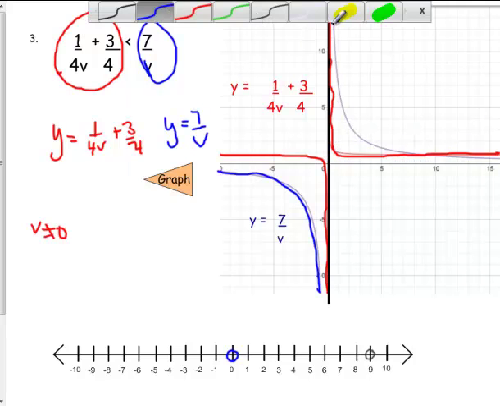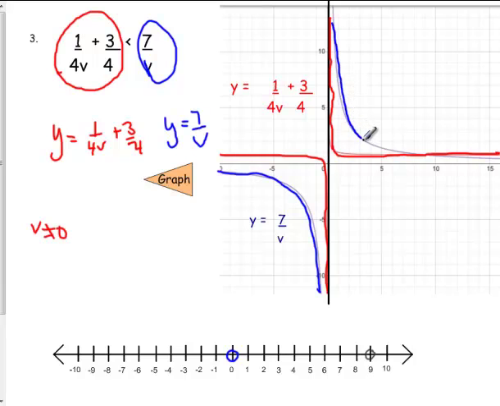Here's my blue graph. Okay, so here's my crossing point of 9. Yeah, that's what I figured out down here, 9. And here's my asymptote of 0. And between 0 and 9, my red graph is below my blue graph.